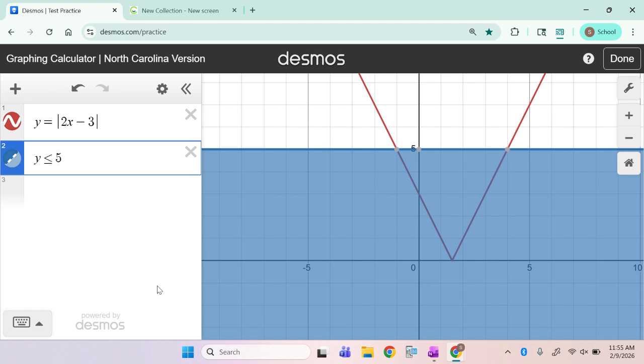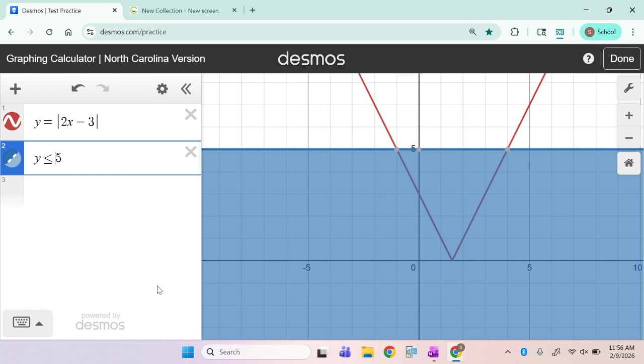What are some numbers that are less than 5? 2. What else? 3. What else? 4. What else? 1. Isn't it true that those y values are all in the shaded area? Yes. That's why it's shaded beneath the line. It's showing us what y values are less than 5.